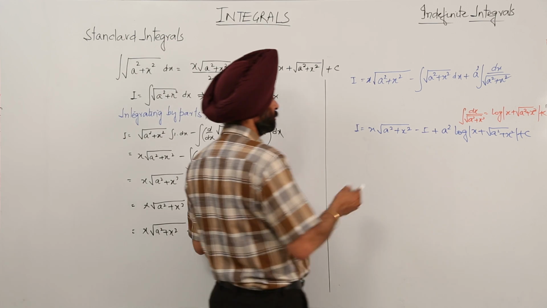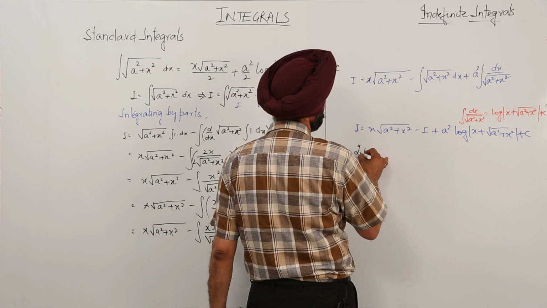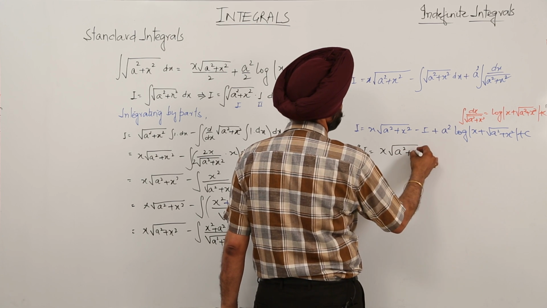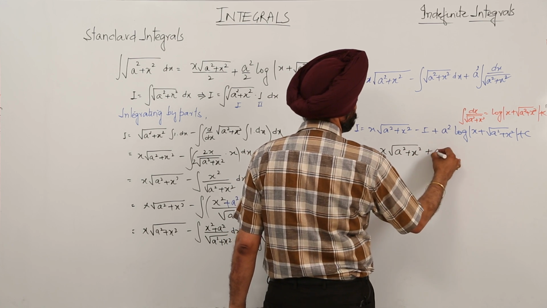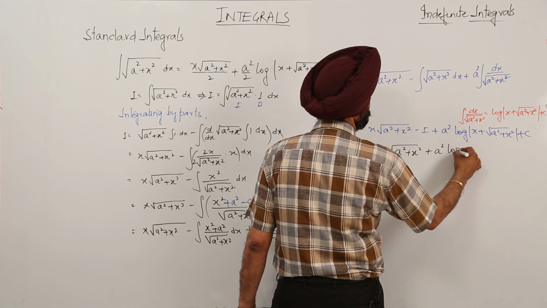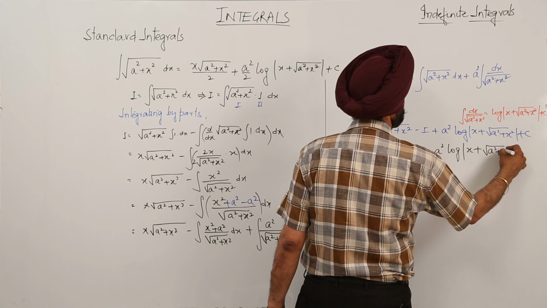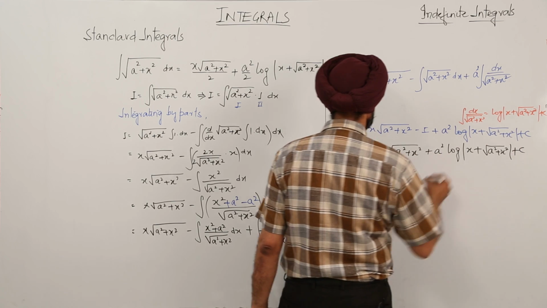and this reduces to 2I equal to x square root of a square plus x square plus a square log x plus square root of a square plus x square plus c.